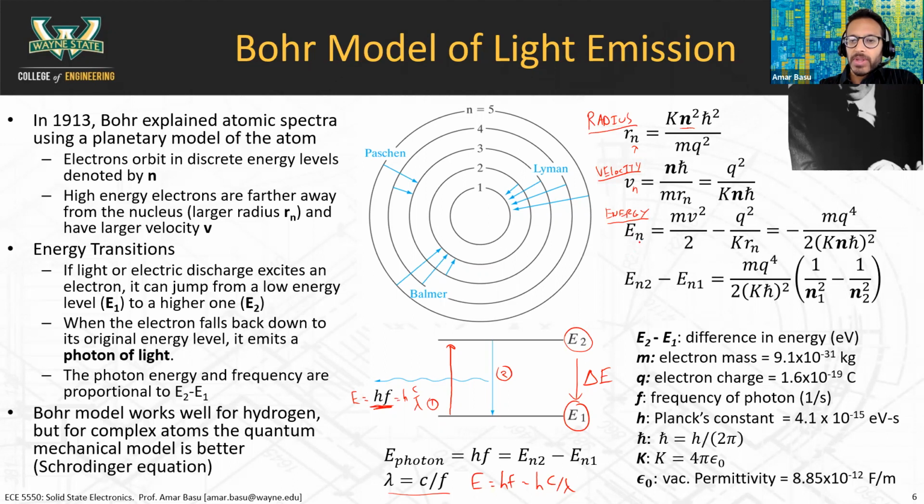So the energy of a particular state, E sub n, is equal to m v squared over 2 minus q squared over k r sub n. We're not going into the details of where this comes from. And then you have a simple formula for it here: m times q to the fourth divided by 2 times k n h squared. So then the energy transition is the last one.